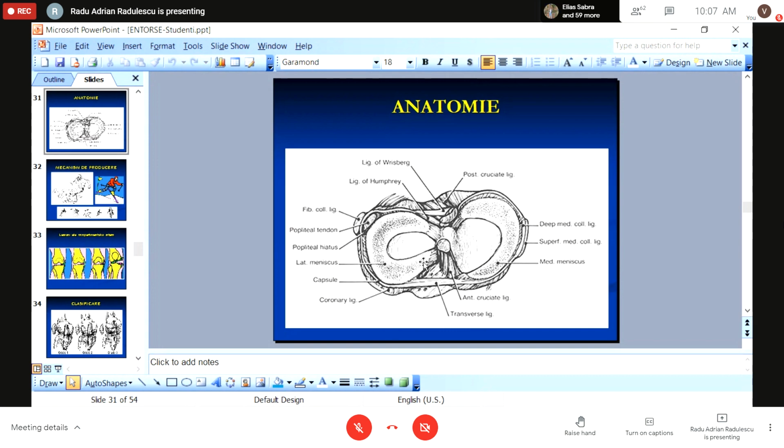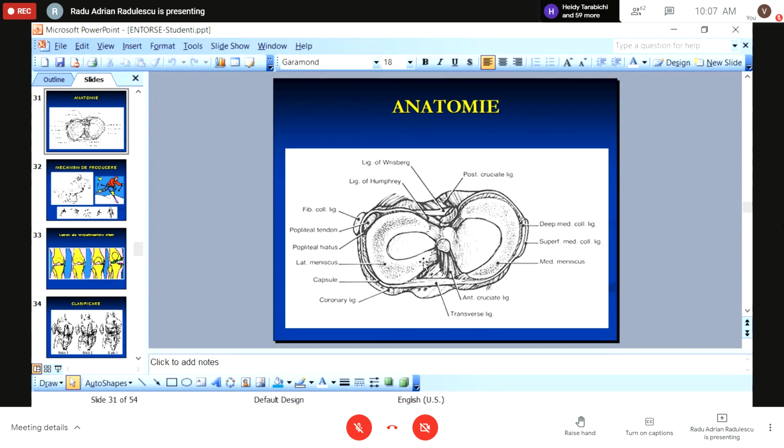Well, the menisci have the most important function to complete the incongruence between the femoral condyles and the hemiplateau.